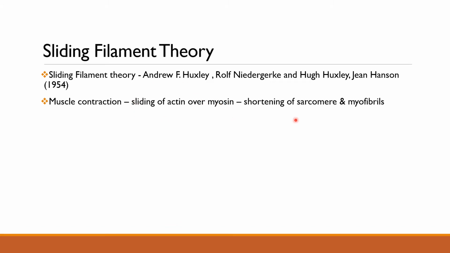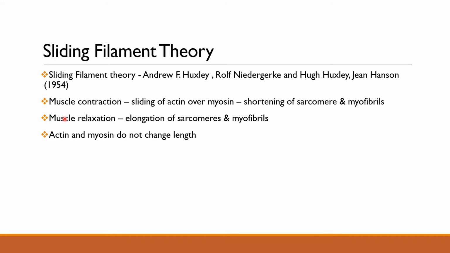This results in the shortening of the sarcomere, that is the structure that you saw there in the previous slide, and the myofibrils, resulting to the muscle contraction. Muscle relaxation is reverse. When the actin comes back to its original position, you have elongation of the sarcomeres and myofibrils, and this is termed as the muscle relaxation.